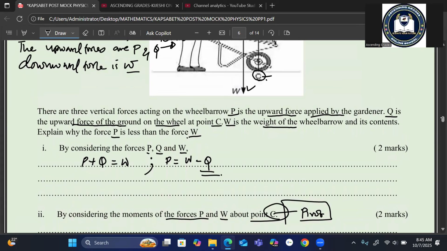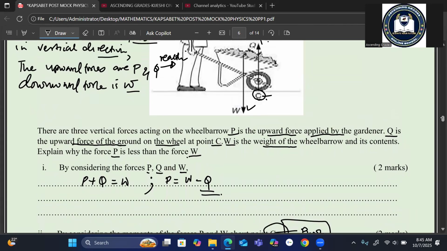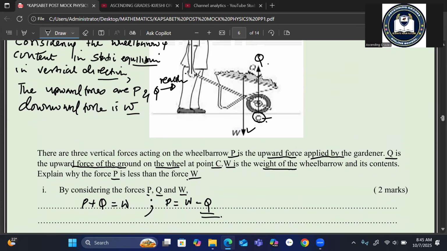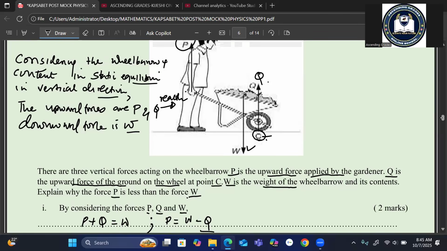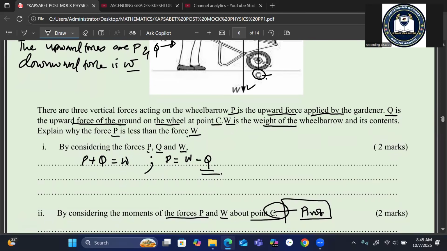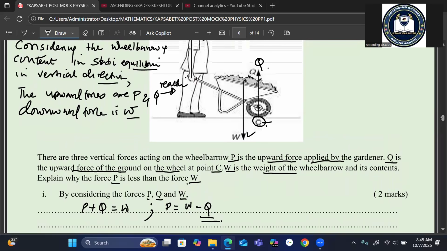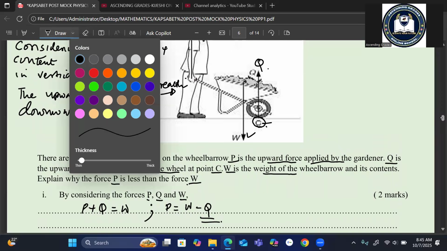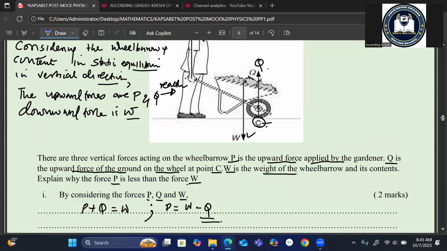So in this case, where we say force 1 times D1 is equal to force 2 times D2, because we're considering P and W about the same point. So let's compare the distances from the pivot.